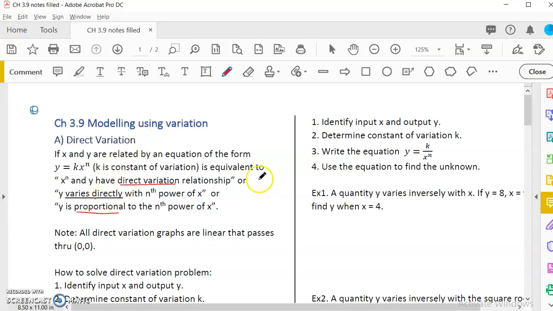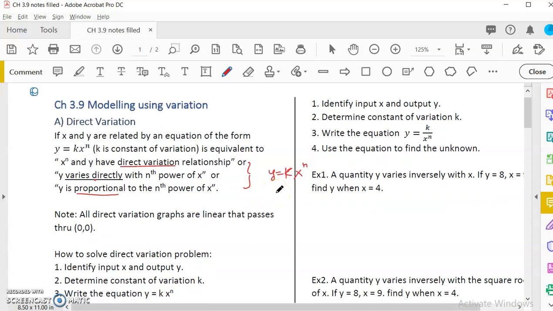When you see these kinds of sentences, they can be translated into y equals k x to the n. K is a constant relating x and y. Now x can be x to the 1, it could be x squared, it could be square root x.